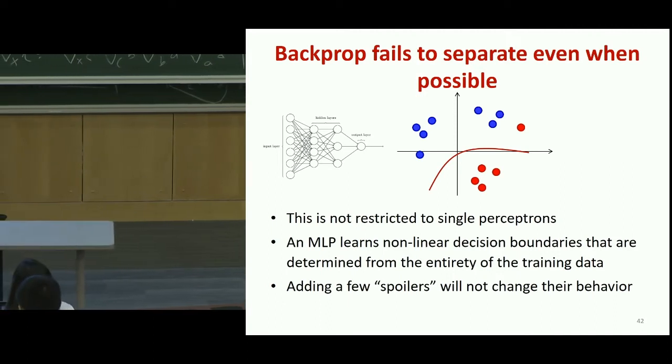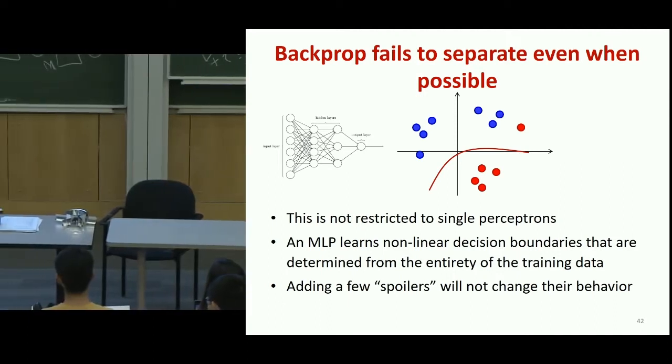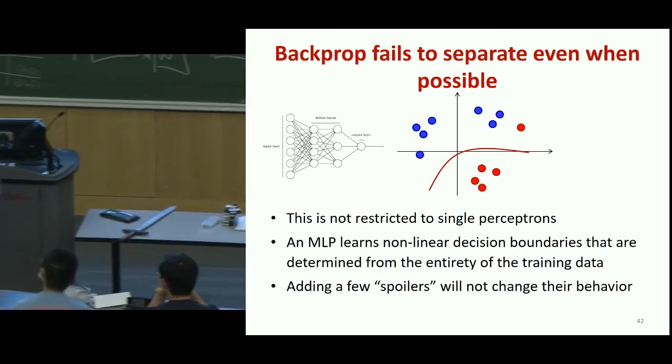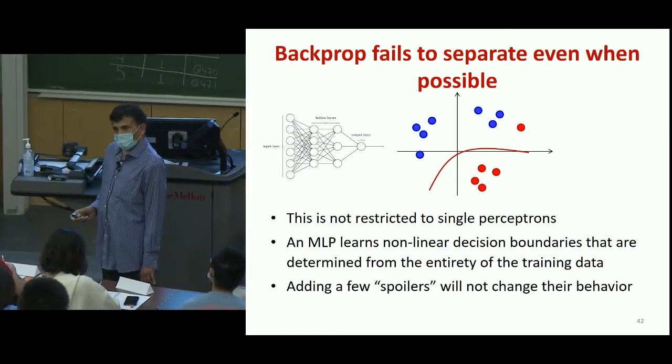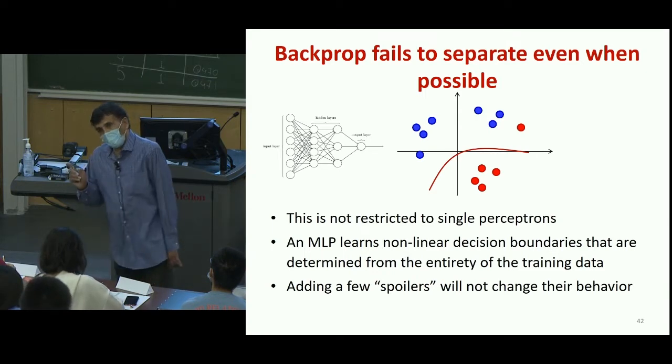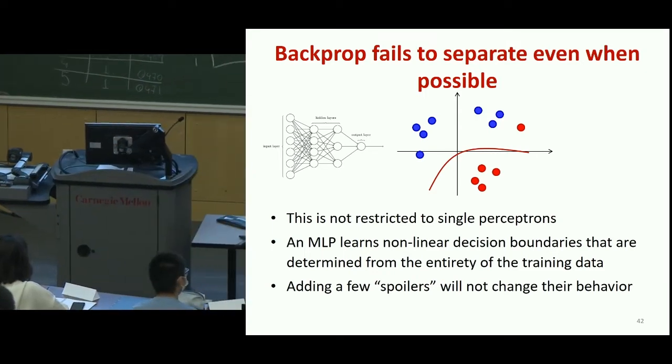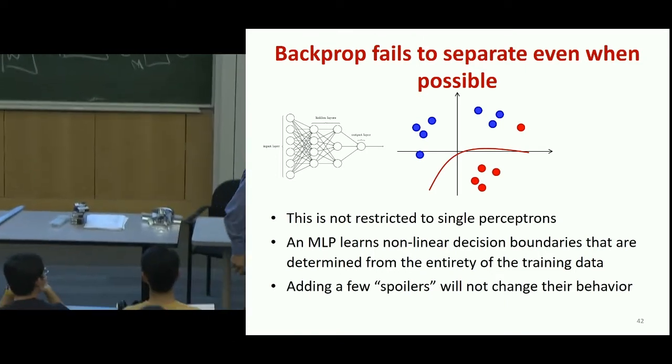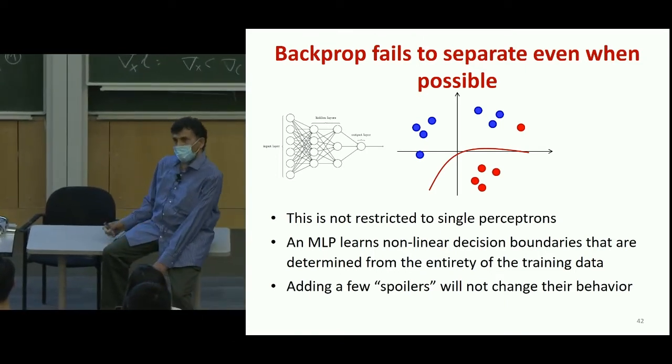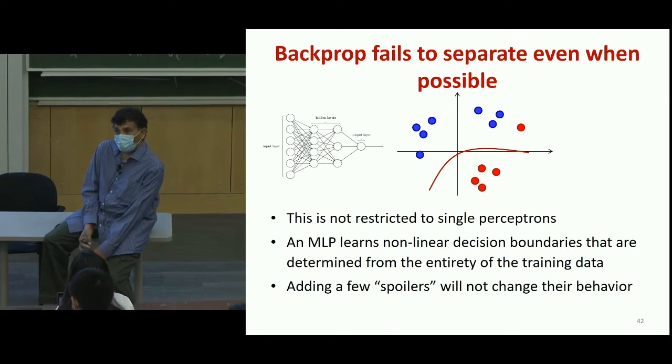The original paper that cites this gives you this explanation called some spoilers. Yes, Oren? Will it always fail to separate, or are there cases where you initialize where it can separate all of them? So again, I'm assuming that you're finding the minimum of the loss function, right? So that's independent of the initialization.